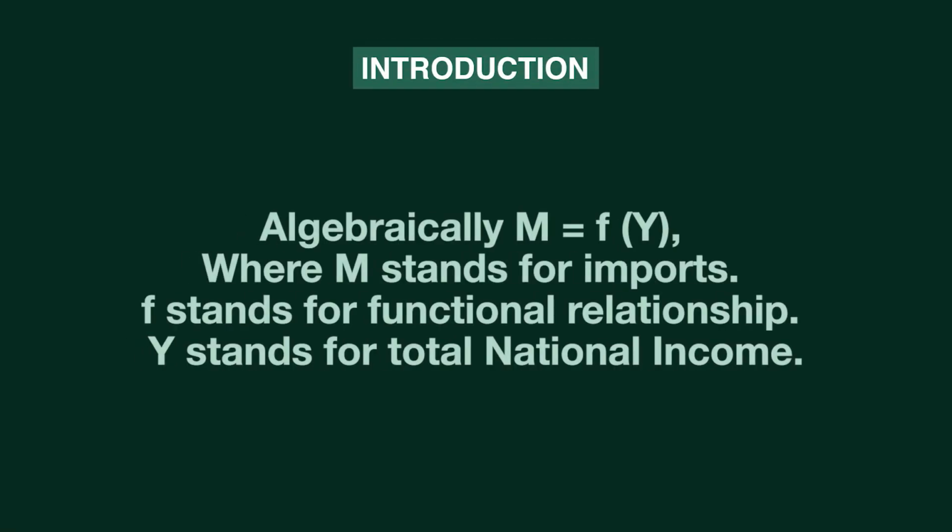The import function can be thought of as follows. Let M represent import. Therefore, M is equal to M bar, which is the autonomous import, plus mY, where small m can be considered the marginal propensity to import. That is, the amount of change in import due to a 1 unit change in income.